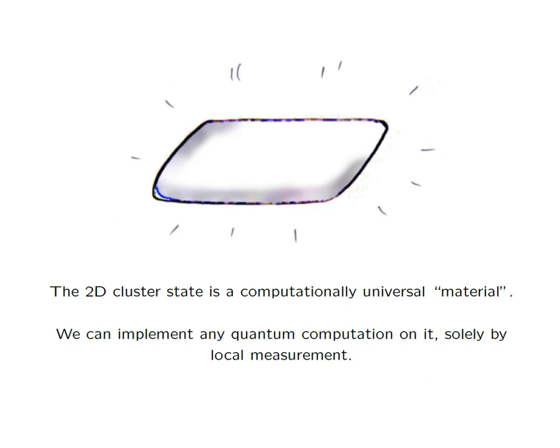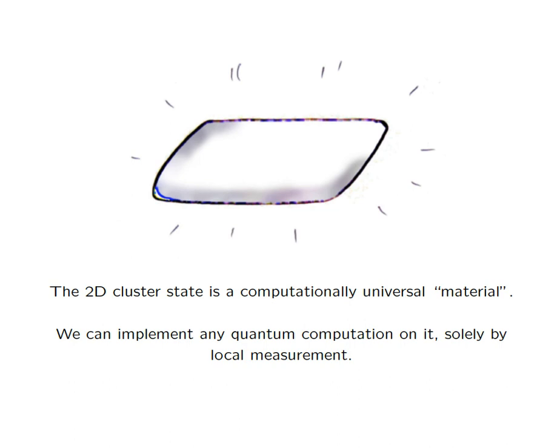So another analogy is that the 2D cluster state is like a blank sheet of paper, and you're using the measurements to write on it. You basically imprint a circuit on it by performing these 1-qubit measurements as if you were drawing it. So that's what you can do. You can implement any quantum computation on this blank sheet of paper that the cluster state is.